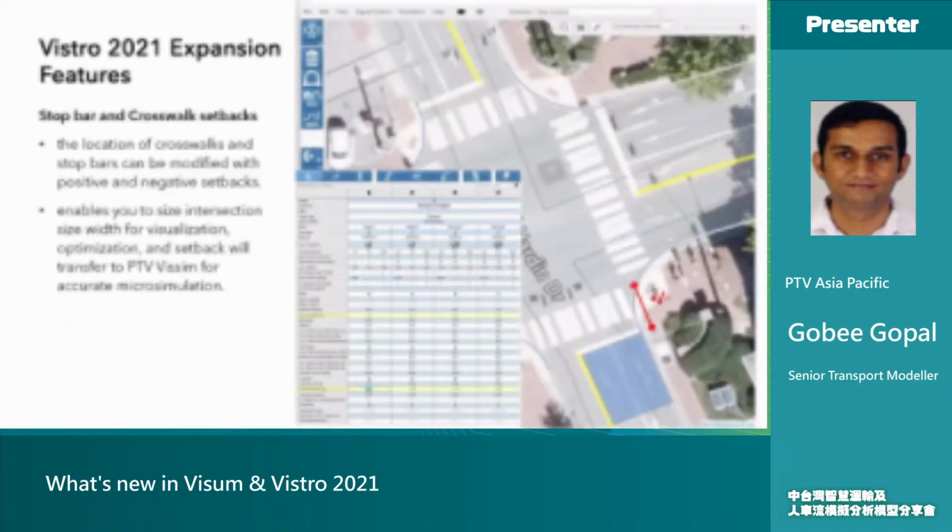In Bistro, part of the new features are stop bar and crosswalk setback. These features are more detailed geometric coding. The location of the crosswalk and stop bar can be modified with a positive or negative setback. What is positive and negative?